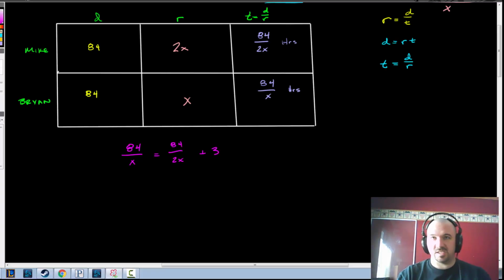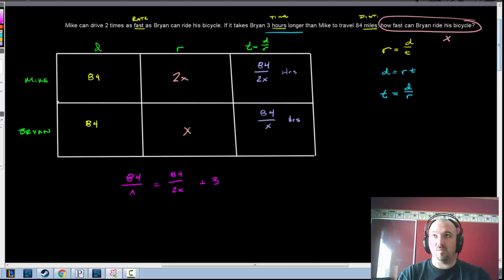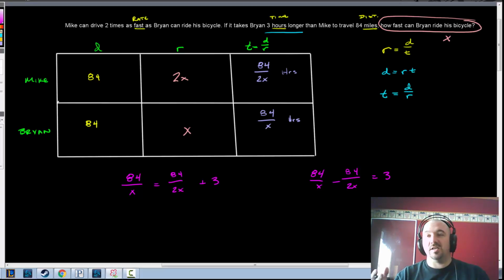Another way you can think about it is the difference between them. If one goes longer than the other, then the difference between them is 3 hours. Now, which one of these should you put first? In this problem, it's probably not going to mean a whole lot of difference.